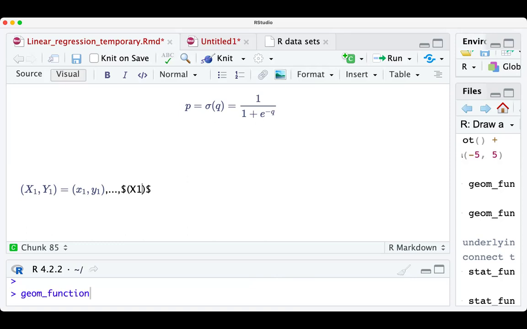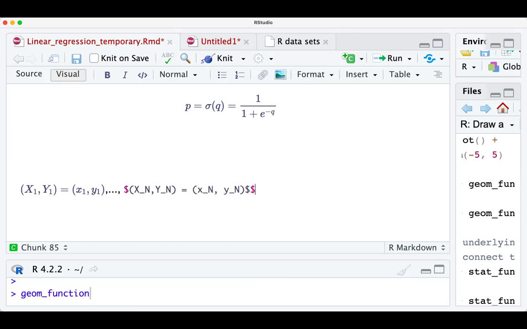In the example we were discussing, x is the age, and y is a categorical variable.